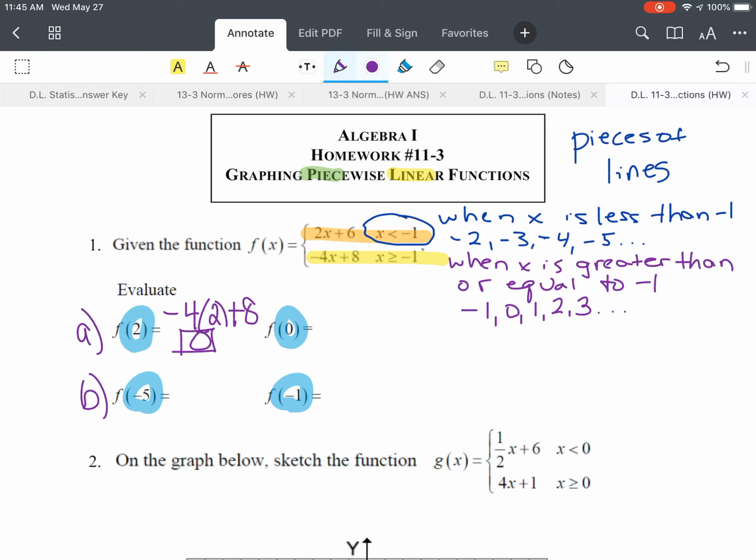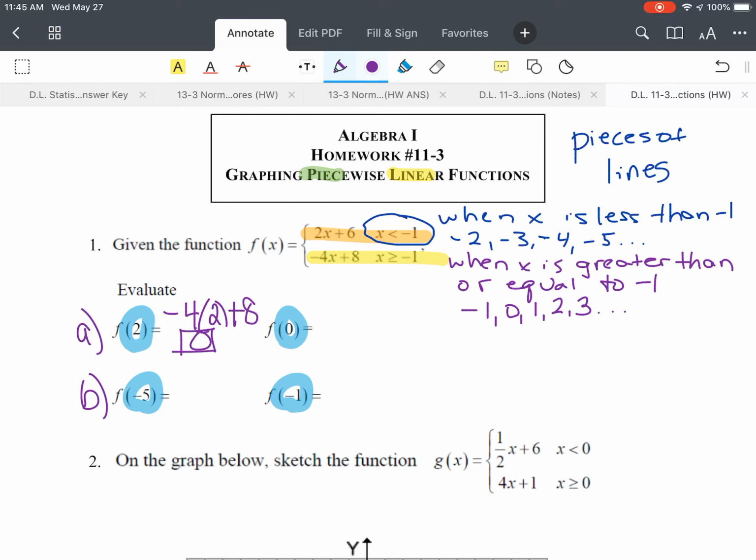I'm going to call B f of -5. Okay. -5 is my x value. So do I want to use the orange or do I want to use the yellow? Which one deals with when the x is -5? I'm going to do the orange because the orange is when x is less than -1 and -5 is less than -1.